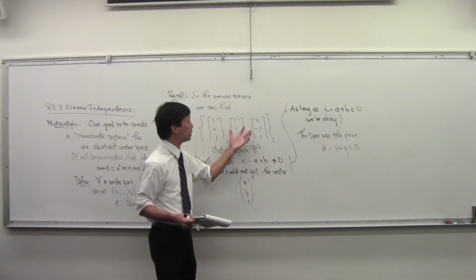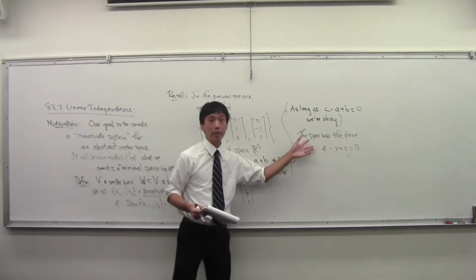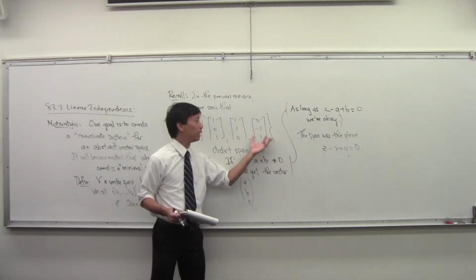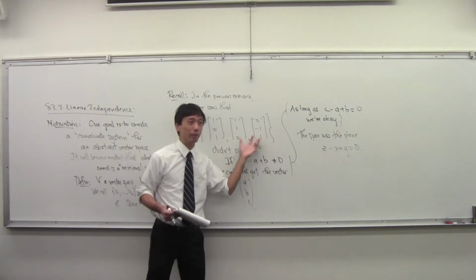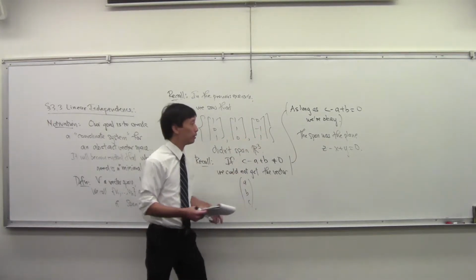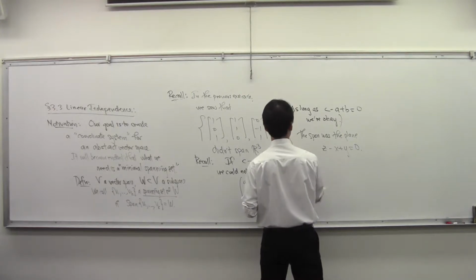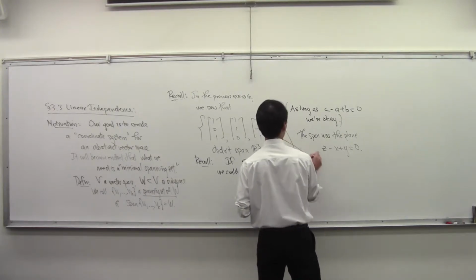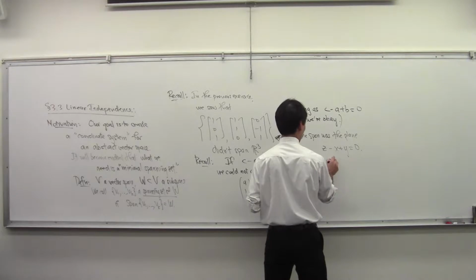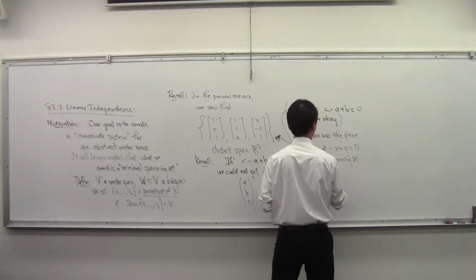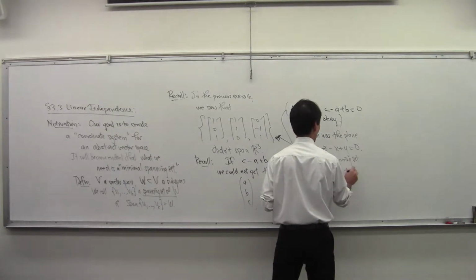So the span of these three vectors was a plane. These three vectors were a spanning set for the plane z minus x plus y equals 0.